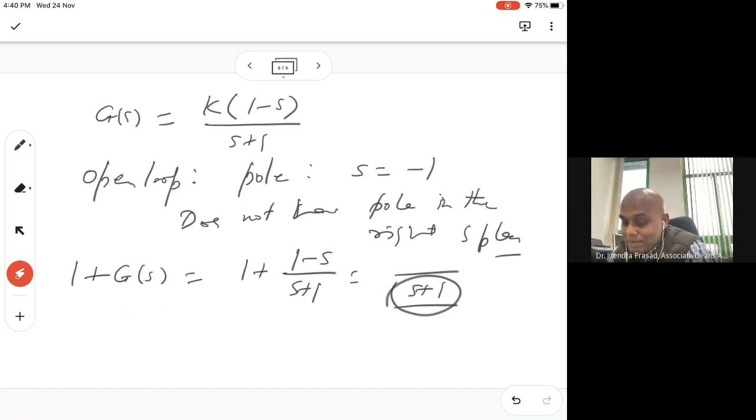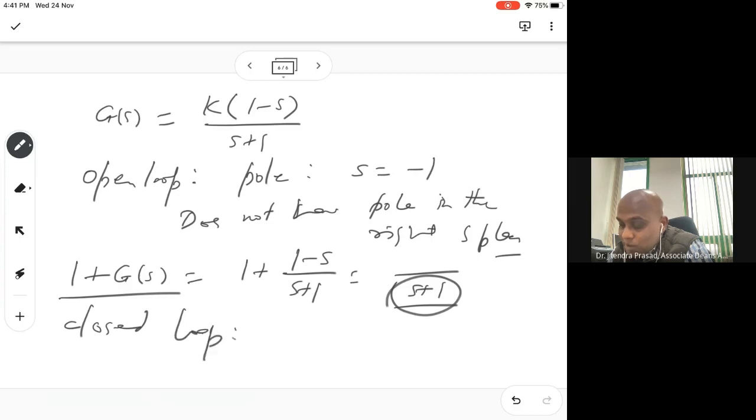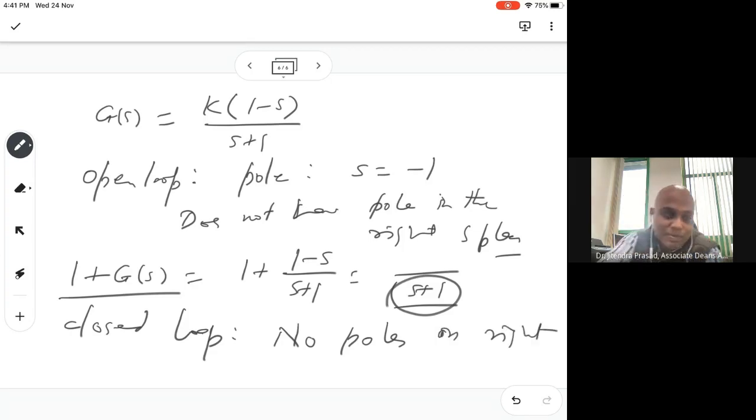If G(s) doesn't have any on the right side, 1 plus G(s) also will not have anything on the right side. So that really means the closed loop has no pole in the right S-plane.